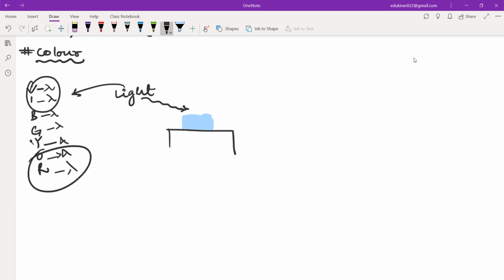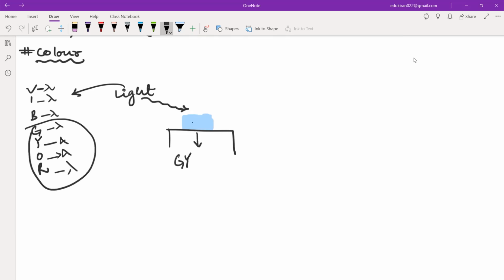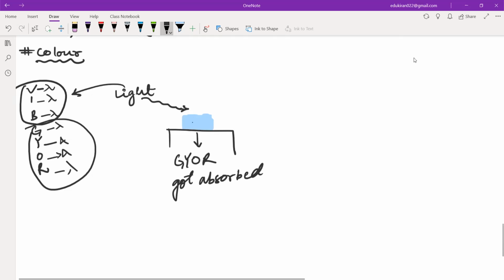If I'm seeing blue color, then obviously green, yellow, orange, and red got absorbed, and violet, indigo, and blue were reflected back.